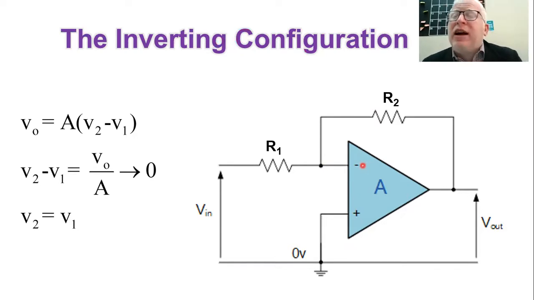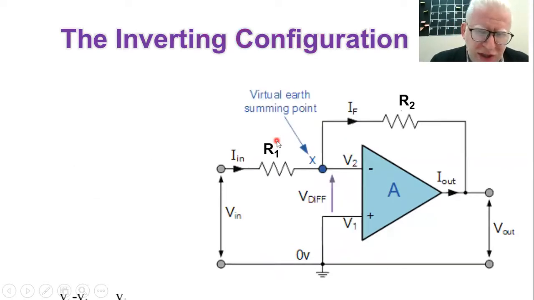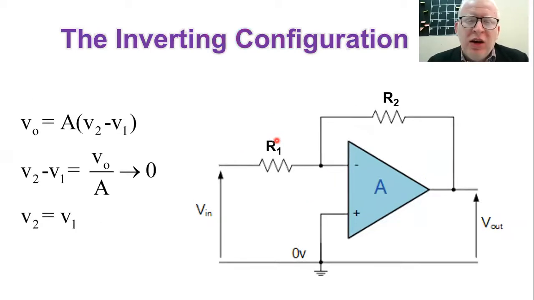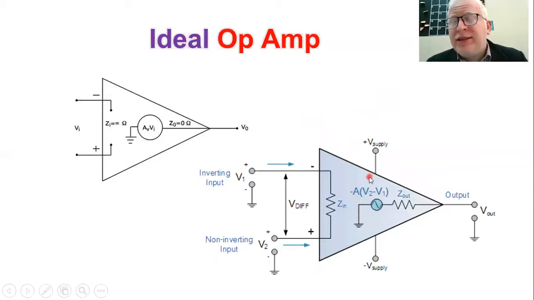That's why we call this a closed loop configuration. For the closed loop configuration, we have a finite controllable gain. Again, for the open loop, your gain is A, ideally equal to infinity, and this is an uncontrollable value. This is a value associated with the operational amplifier.